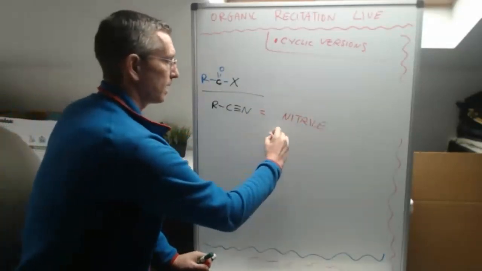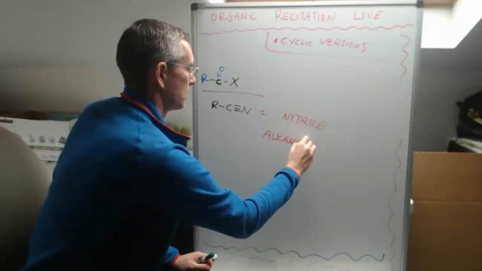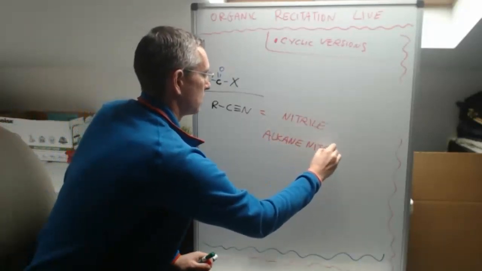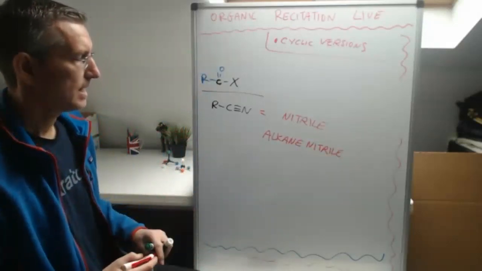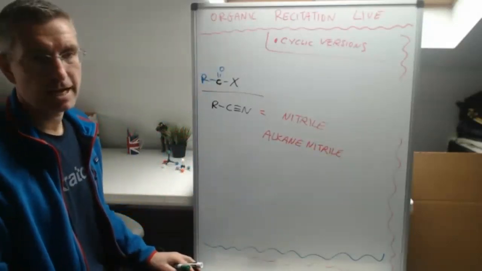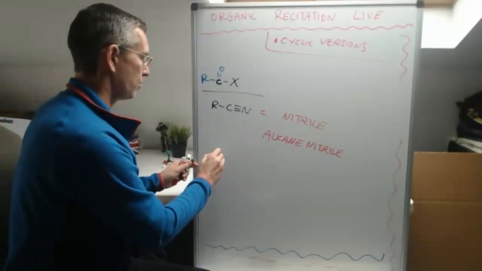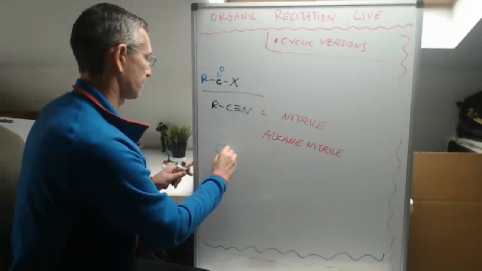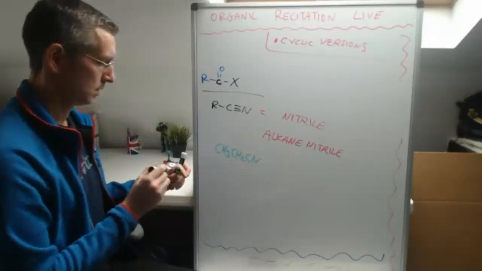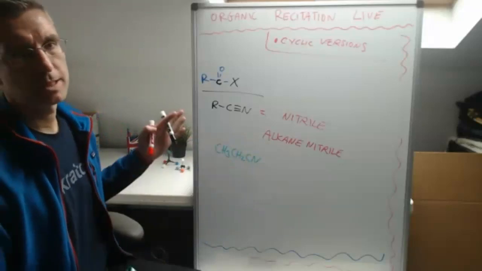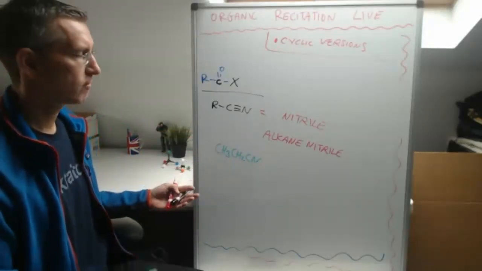The IUPAC naming is to name it as an alkane nitrile. So if we do our specific example, you would see your R group connected to a carbon, triple bonded to a nitrogen, therefore it's a nitrile.